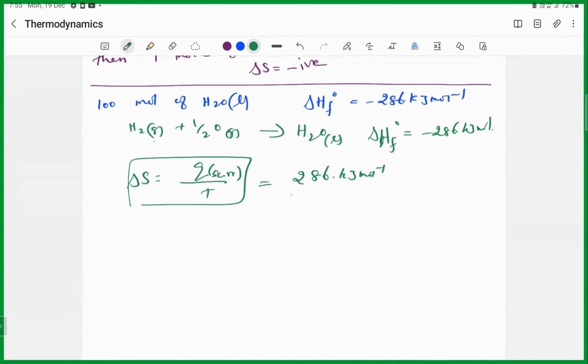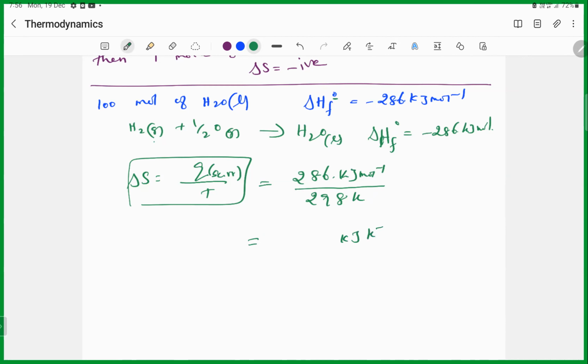Divided by, at what temperature is it taking place? 298 Kelvin. That is kilojoule per mole. This is Kelvin. Okay. So when you are dividing 286 by 298, what is the answer?